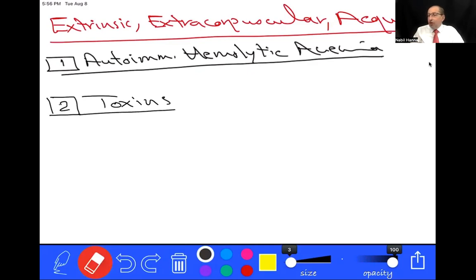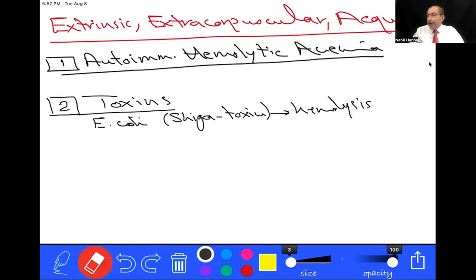Some strains of E. coli produce a toxin known as Shiga toxin, and this leads to hemolysis.